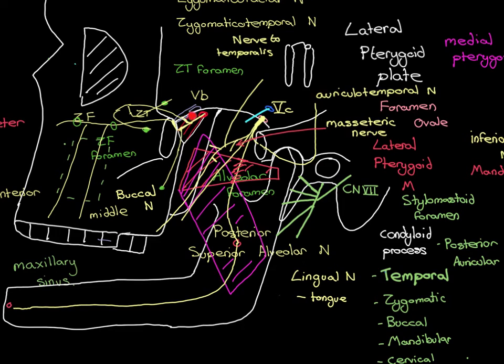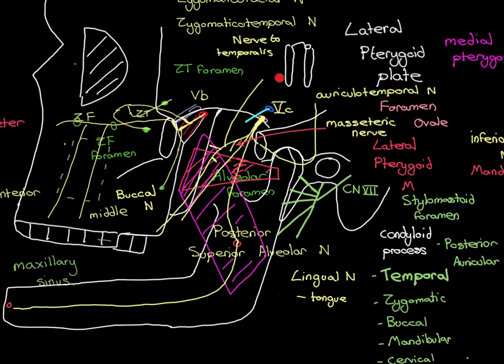It's going to get into the pterygopalatine fossa by going through a canal in the medial pterygoid plate. Remember, we are seeing the lateral pterygoid plate here. However, just inside of the lateral pterygoid plate, there is also the medial pterygoid plate, and I believe this was a picture of the pterygoid plates. On either wall of the nasal cavity, right at the back, you have the lateral and medial pterygoid plates.